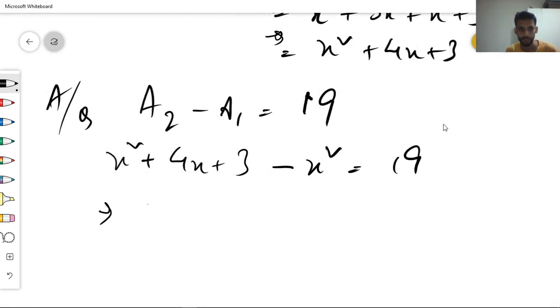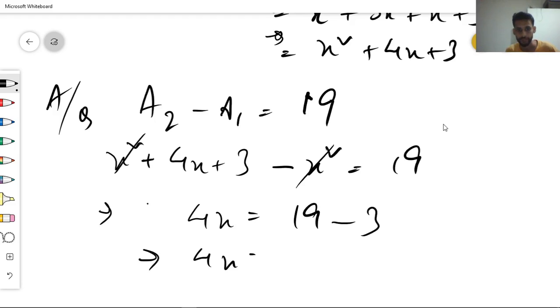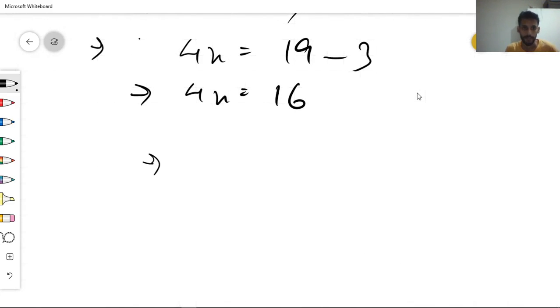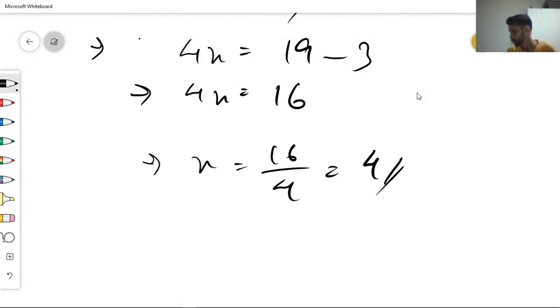So here x square and x square will get cancelled, so 4x plus 3 is equal to 19. Here it is plus, so on the other side it will be minus. So 4x is equal to 16. x will be 16 divided by 4, that is 4. So we got the value.